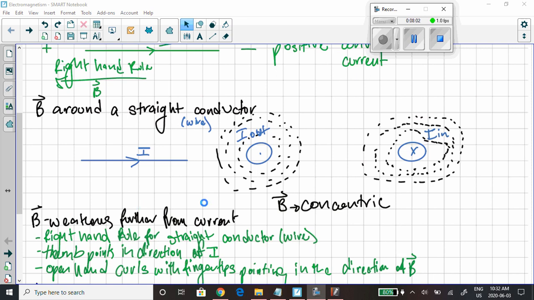So the further you get away from the wire, the weaker the magnetic field. The right-hand rule for conductors says the following. Point your thumb in the direction of the current, right? An open hand curls with the fingertips pointing in the direction of the magnetic field. That's what we learned there.